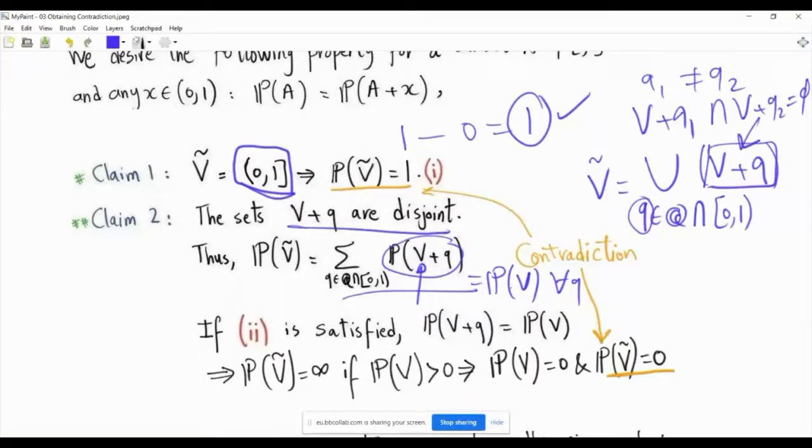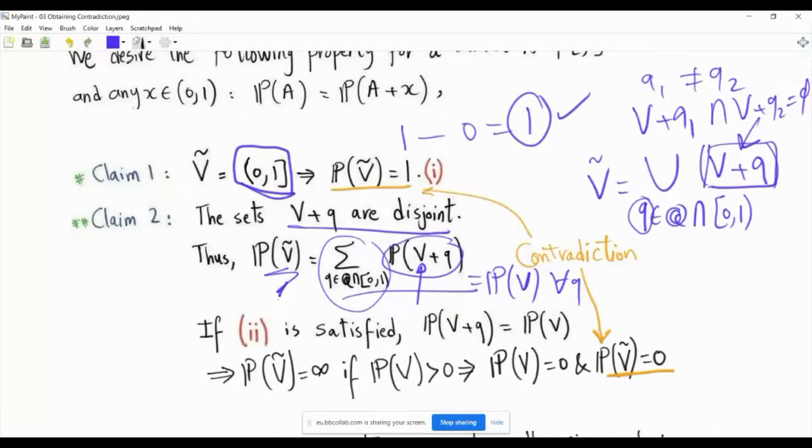So what should be the probability assigned to set V? If you assign to V a strictly positive probability, 0.1, 1 over a trillion, whatever, then the problem is that if you do this summation, the probability of V tilde will be infinity, which is rejected.